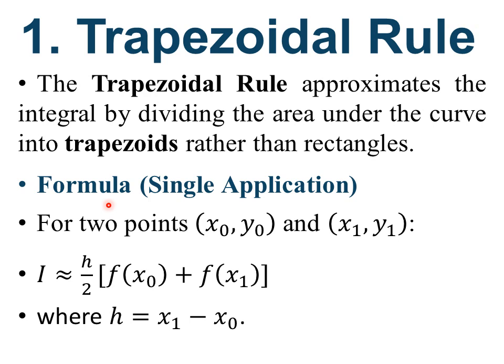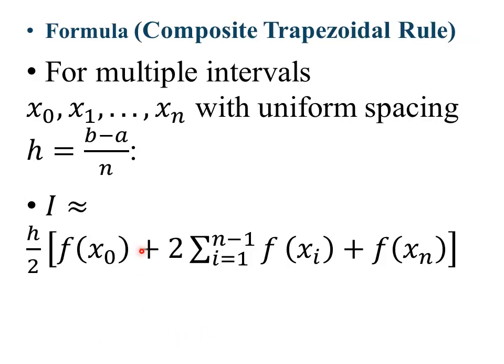Formula, single application: if 2 points are given, then we use this formula. The value of h is x1 minus x0. Formula, composite trapezoidal rule: for multiple intervals, if x0, x1, x2, up to xn are given with uniform spacing, h equals (b minus a) upon n.